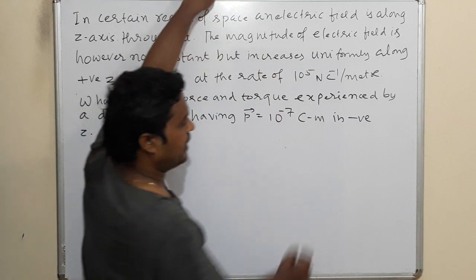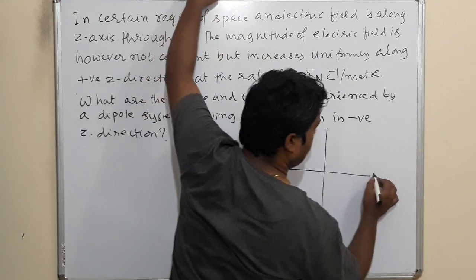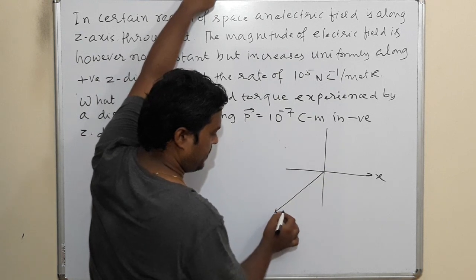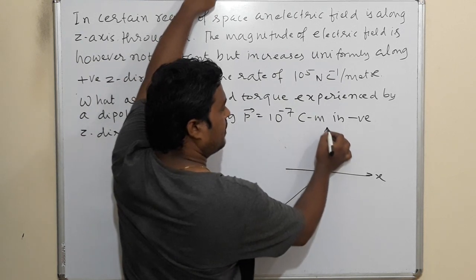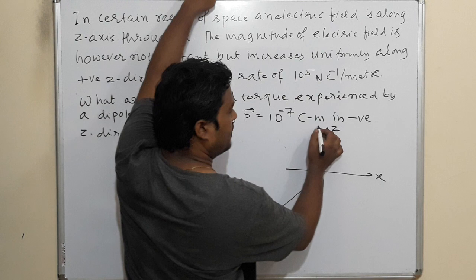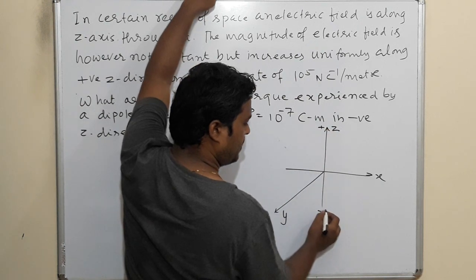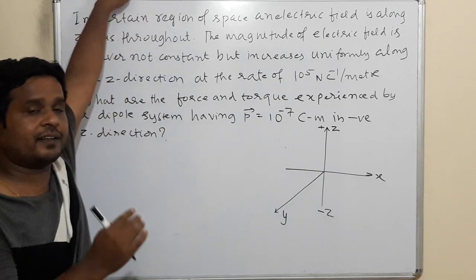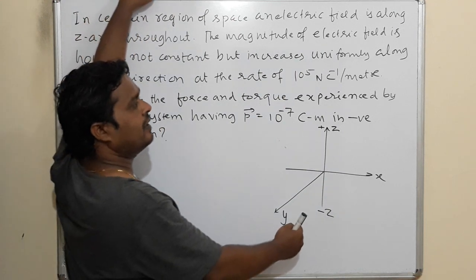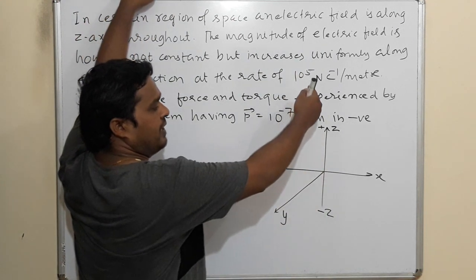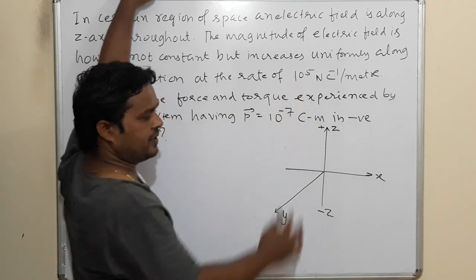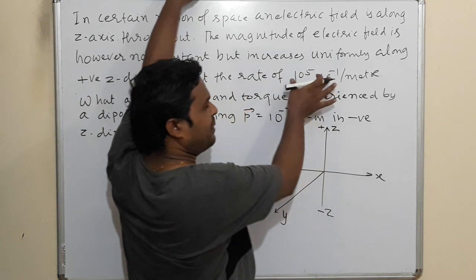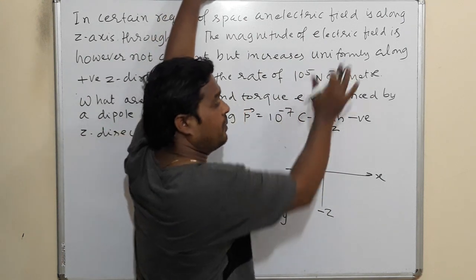See, let us suppose this is x direction, this is y direction, this is z direction, this is positive z, this is negative z. Electric field is increasing along the positive z direction at this much rate. That means this much electric field is increasing per meter.